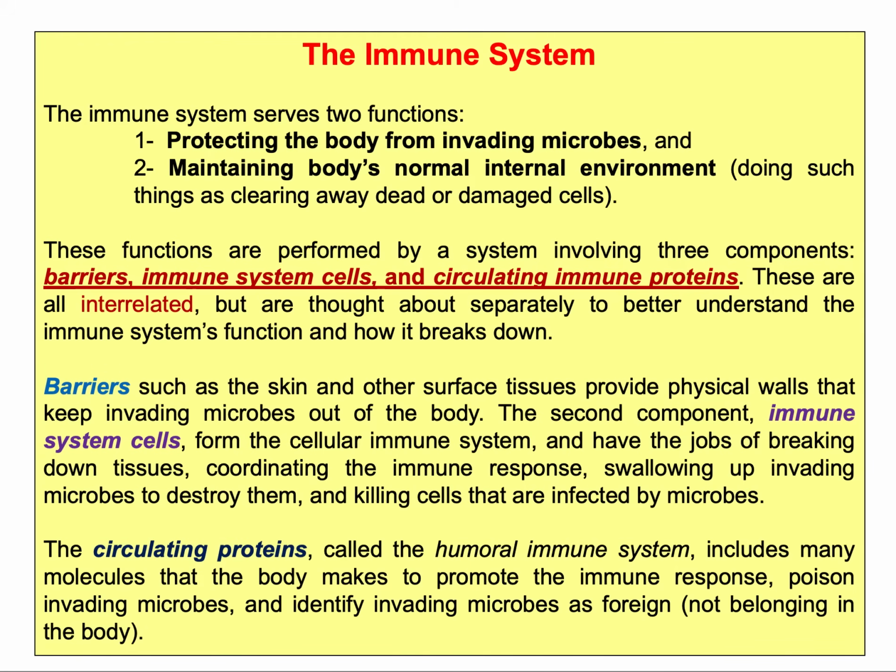That's why we call them the humoral immune system, and it includes many molecules that make and promote immune response. They could poison invading microbes, and they identify invading microbes as foreign, not belonging to the body. So I hope this paints the big picture of the immune system functionality.